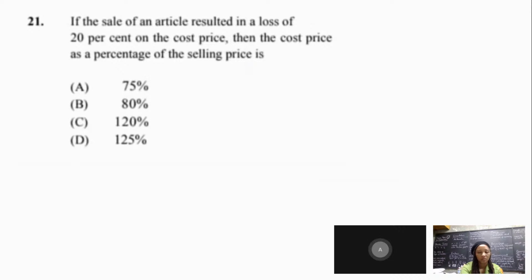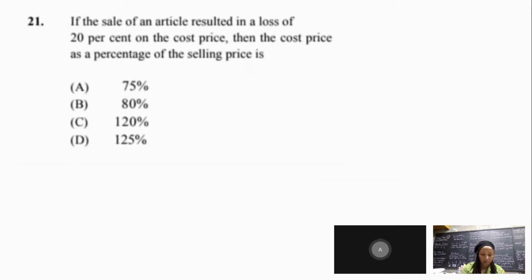So the selling price is 20% less because of the 20% loss. The cost price is the original price that you paid for the thing, right? So if you're expressing the cost price as a percentage of itself, what percentage would that be?